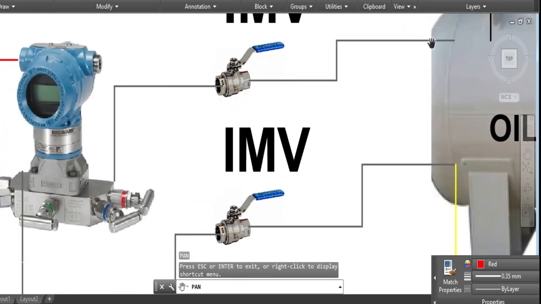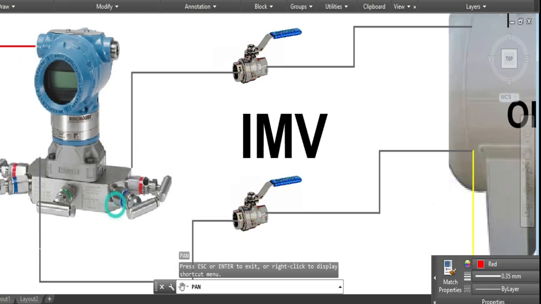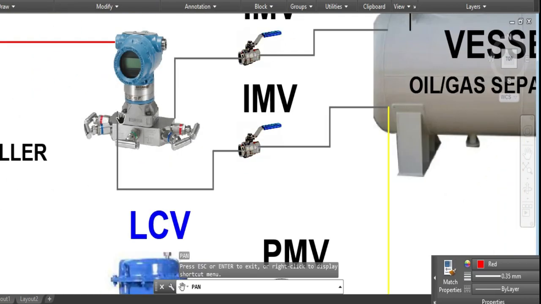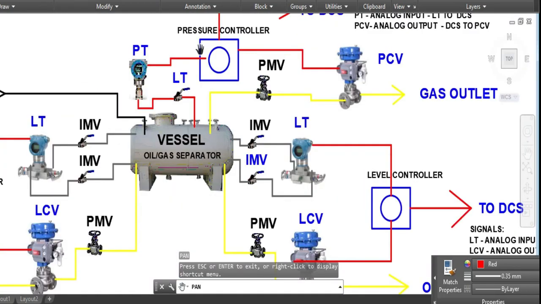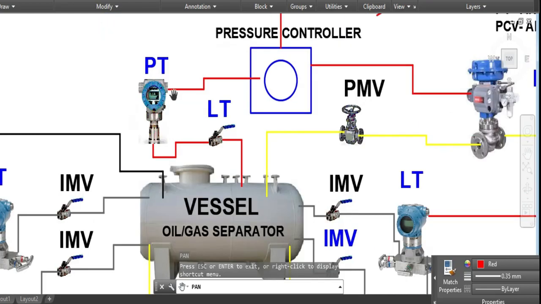As you can see here, from the vessel going to the IMV, or instrument manual valve, it comes to the manifold of the transmitter. Then from the downside, this side is low pressure, and this is high pressure. This from the vessel comes to the IMV valve, going to the manifold valve at the high pressure side. The same also here, and also this one, this pressure transmitter.